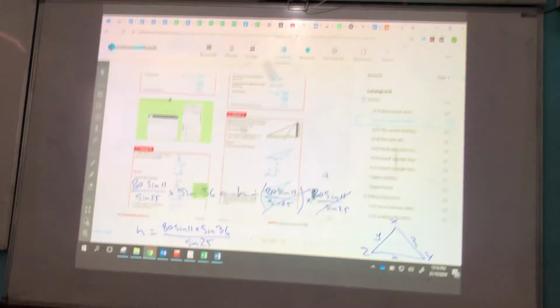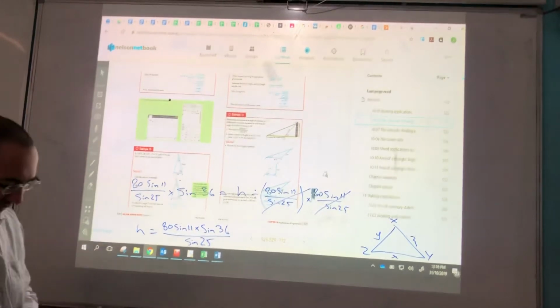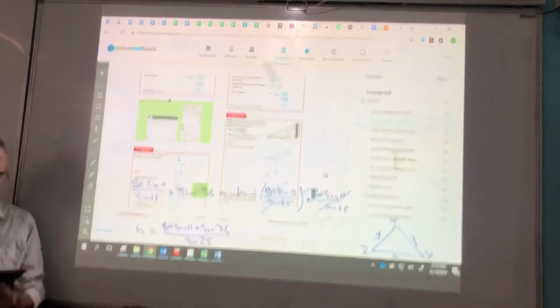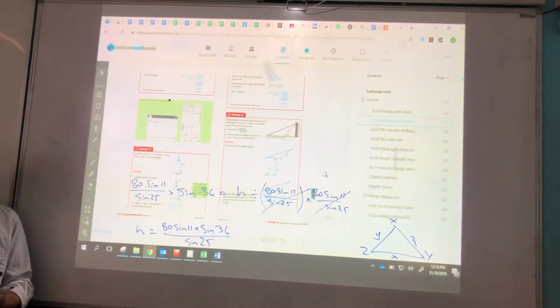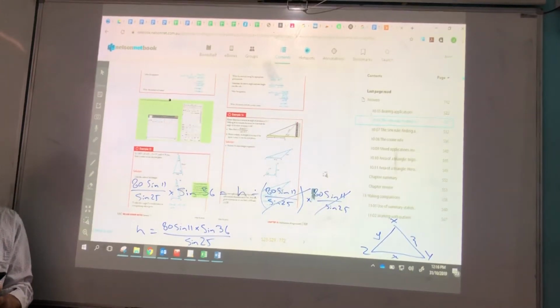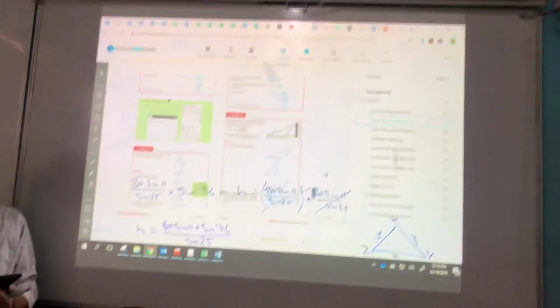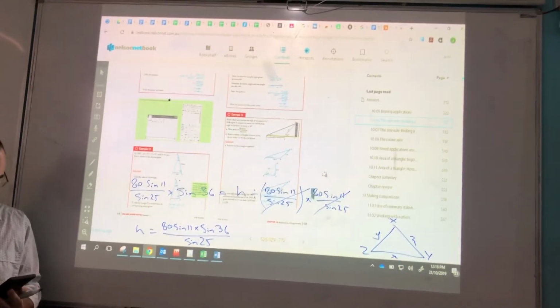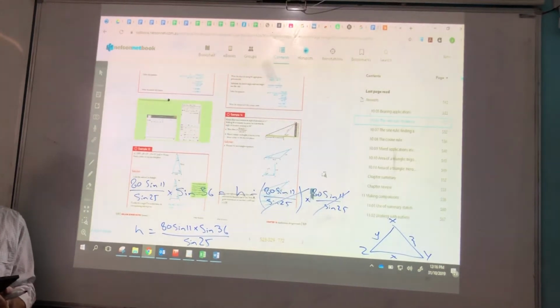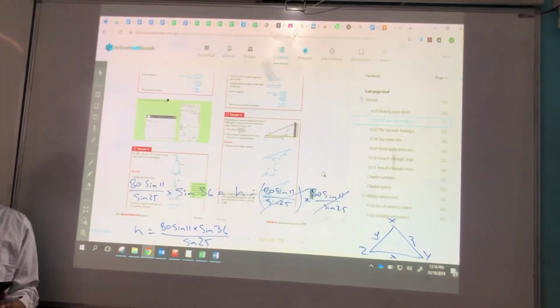Okay, let's see how we go. Magic calculator, what did you get? I'm going to go 80 times sine 11 times sine 36 all divided by sine 25. What did you get?